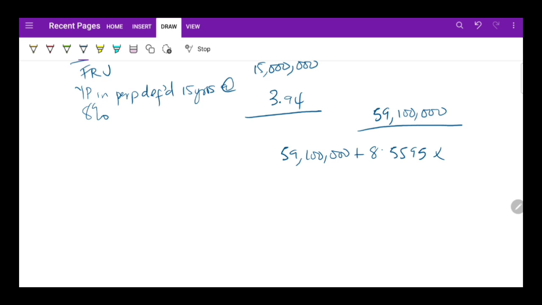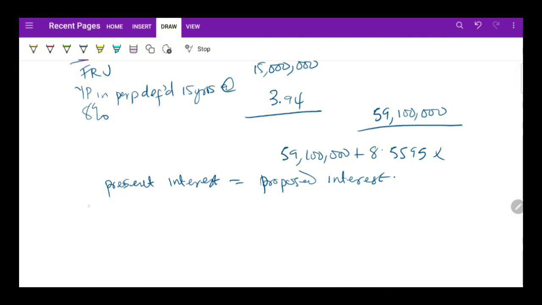Okay, now the question says that the landlord must remain in the same position, meaning he must not be worse off. This transaction must not put him at a disadvantage. So to do that, we'll say the present interest must be equal to the proposed interest. Okay, present interest must be equal to proposed interest.